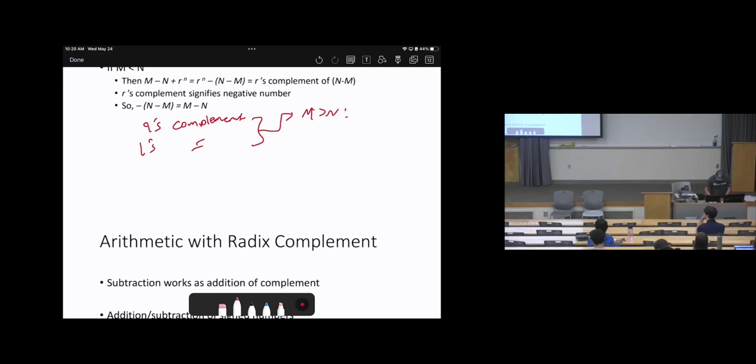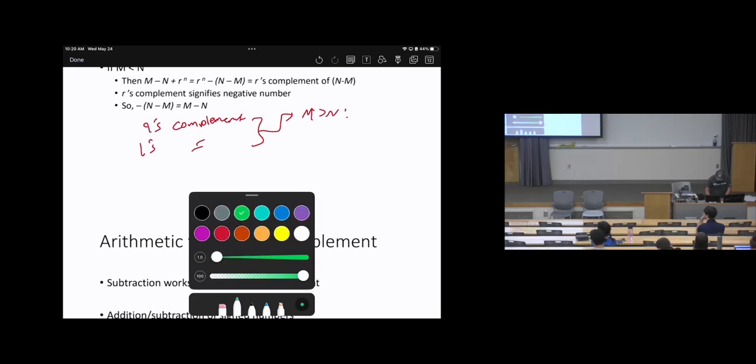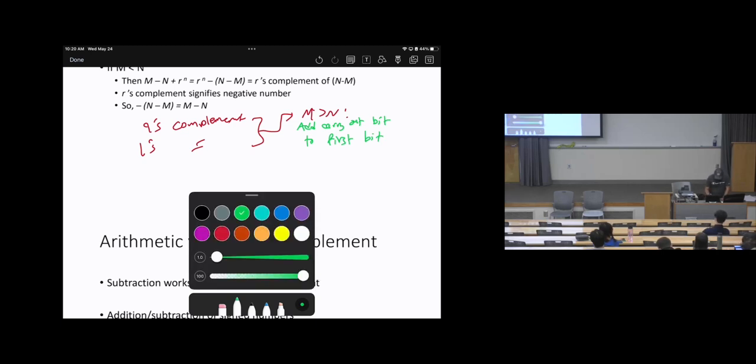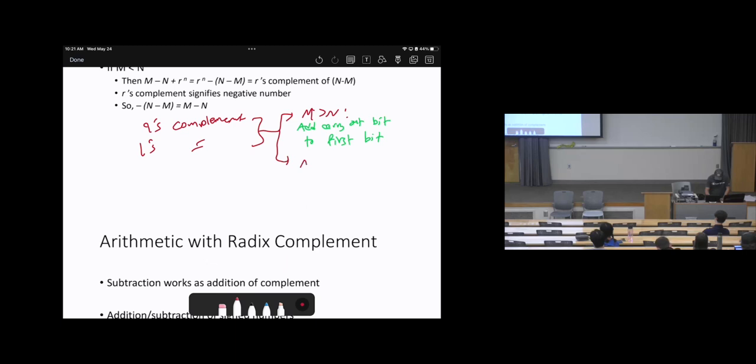What we will do is add the carry out bits to the first bits. And when we have m less than n, here that was a positive answer, here is a negative answer. Here, don't forget to take the complement of the final answer.